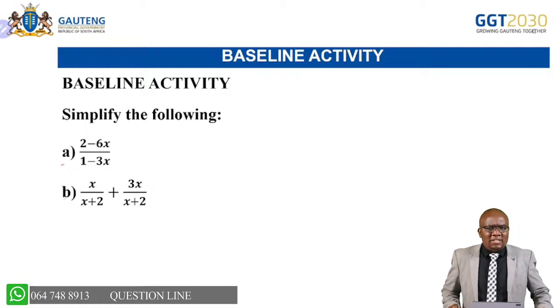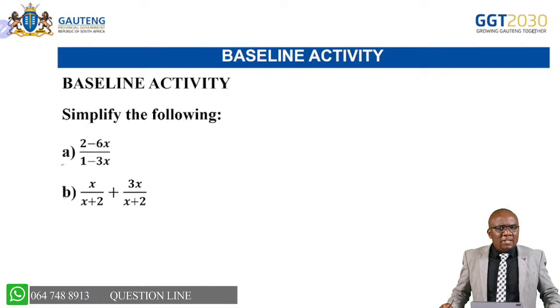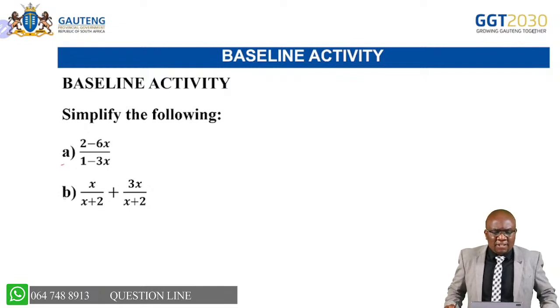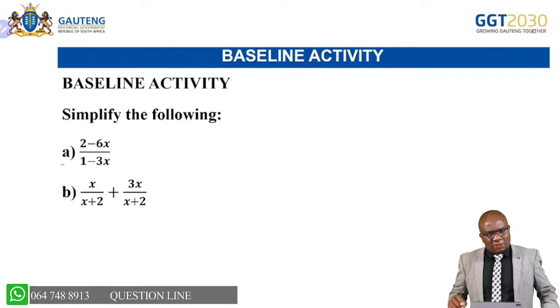Now let's look at question A. What did I say, grade 10s? I said for you to simplify algebraic fractions, what must you do? I said we are going to use factorization. Do you remember that? So for you to simplify algebraic fractions, look for the things you can factorize.